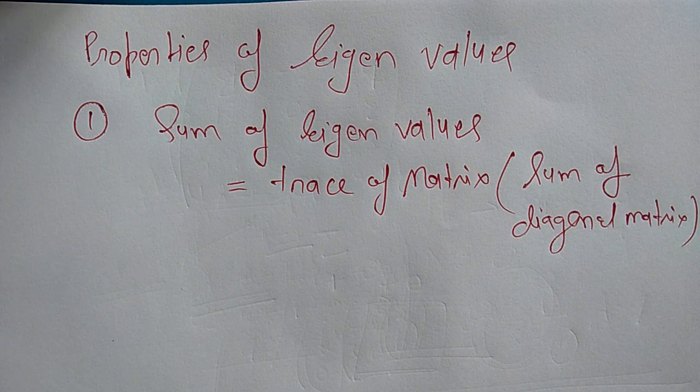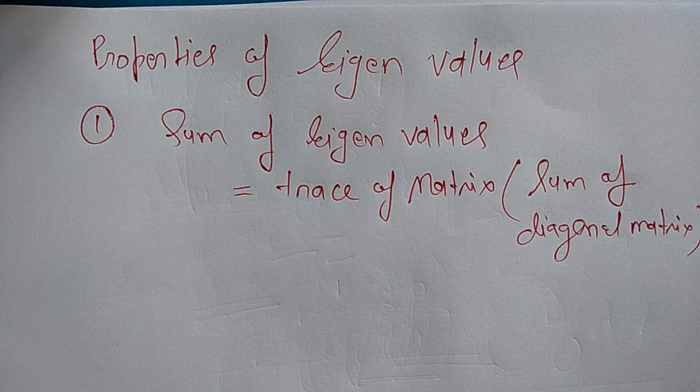So this property we can use for verification of eigenvalues. We got the eigenvalues, now we want to know whether these eigenvalues are correct or not. So just add the eigenvalues and add the diagonal elements, and both should be the same.